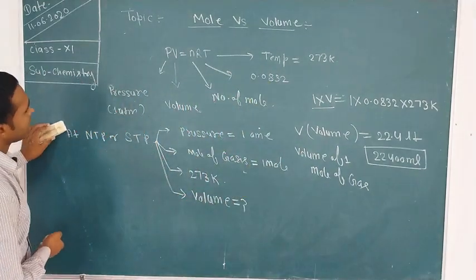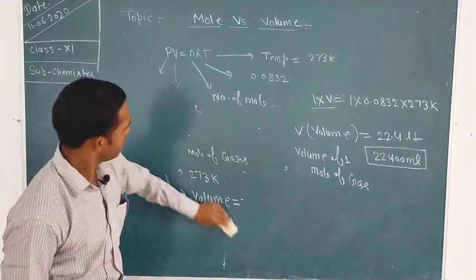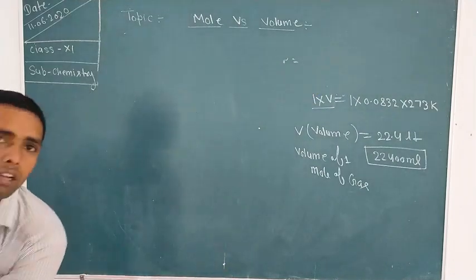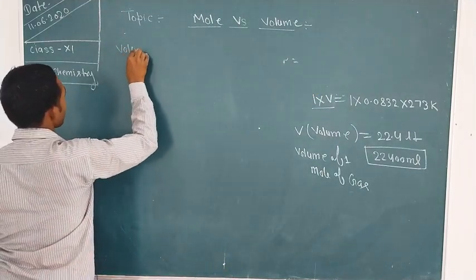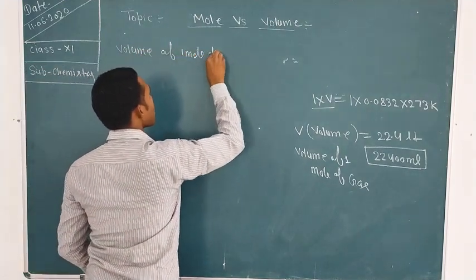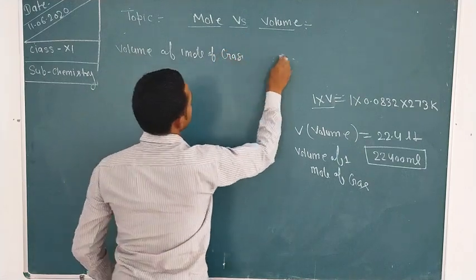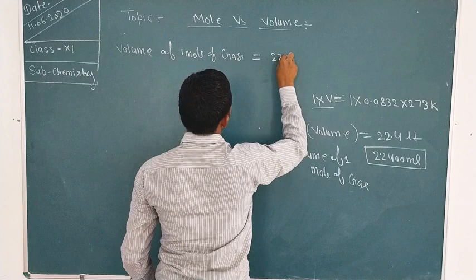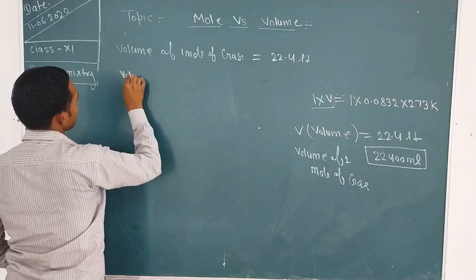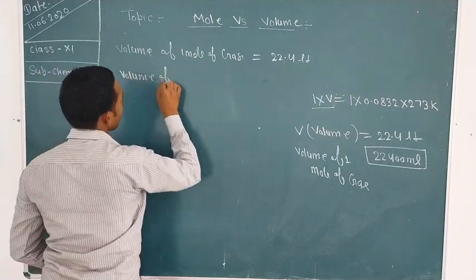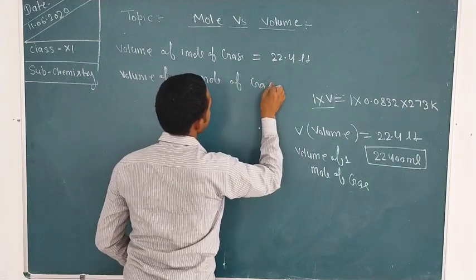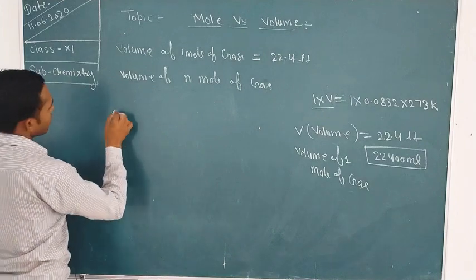We convert this formula into another format. The volume of 1 mole of gas is 22.4 liter. Then we find the volume of n moles of gas.